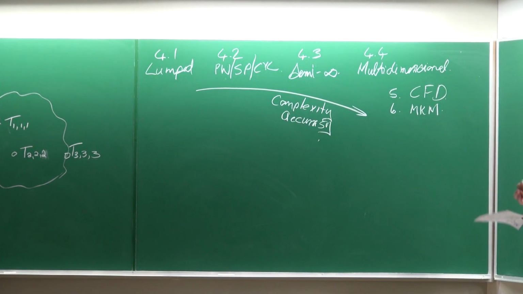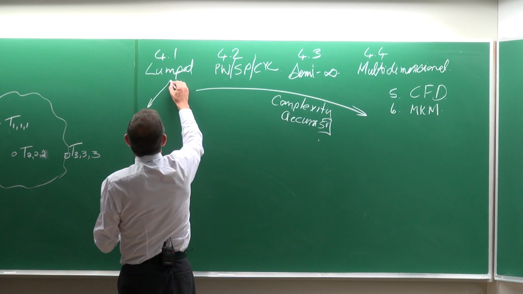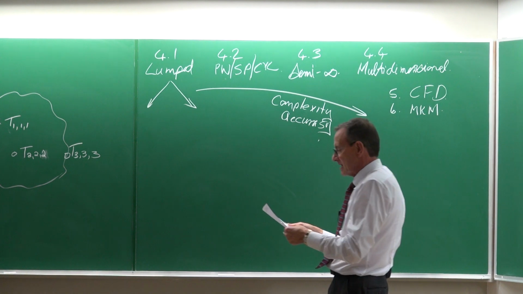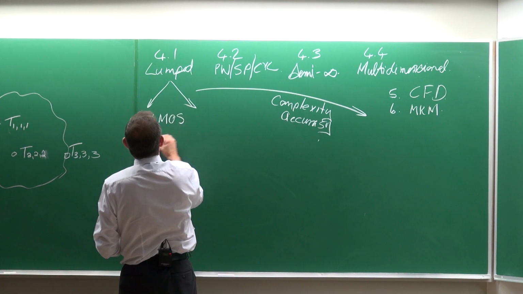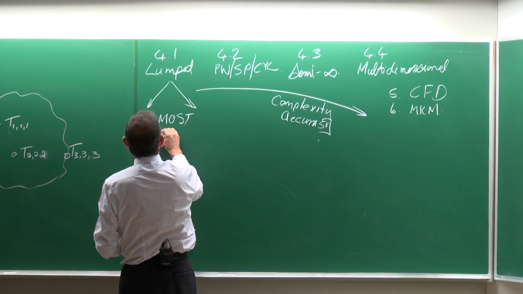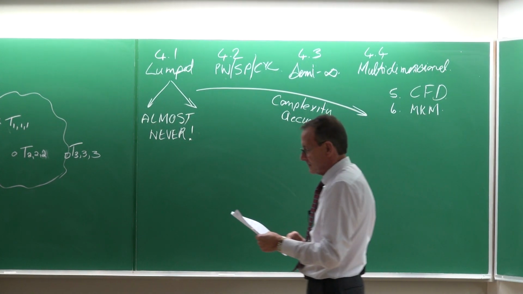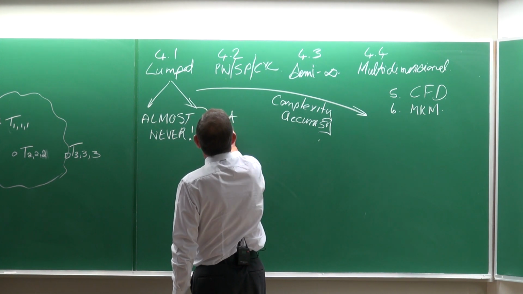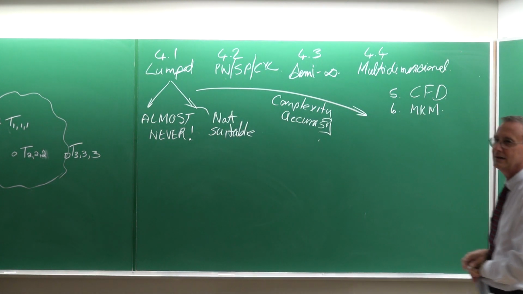So we are going to start with the most simple type of approach that you can have, and in general, you're going to see that if we use this system of a lumped system, then the solutions are almost never valid. Almost never. Or they are not going to be suitable in general.